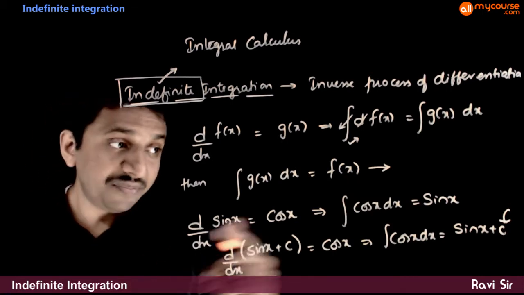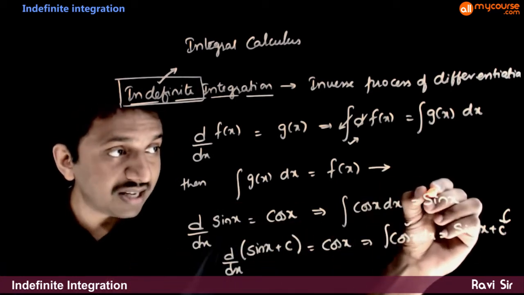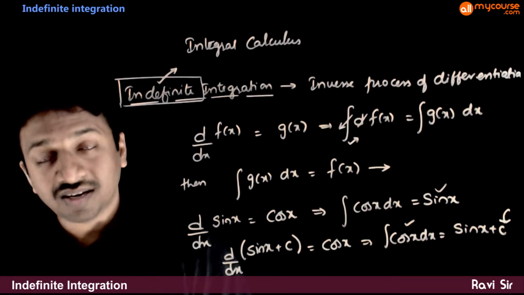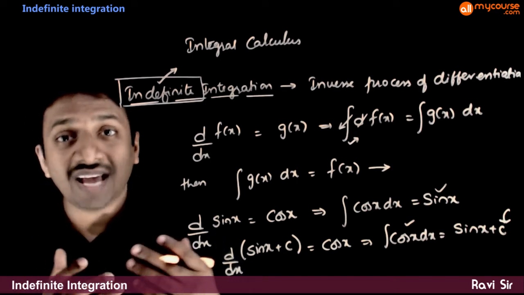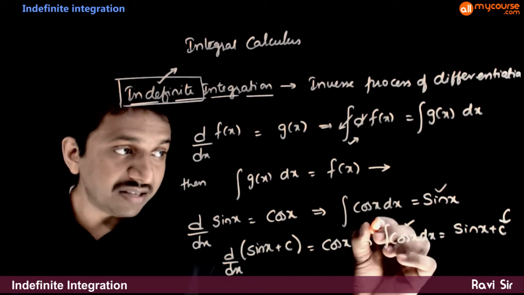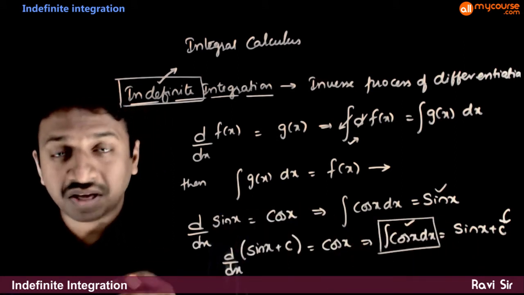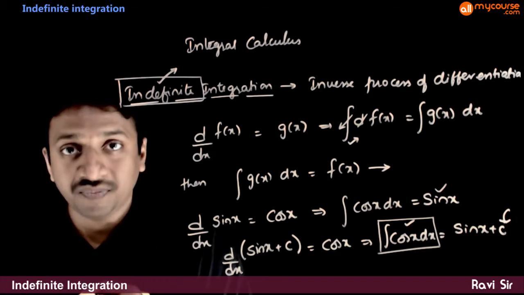As you can see, integration of cos x dx is not just equal to sin x. It can be equal to sin x plus any constant c. So the answer for the indefinite integration of cos x dx is not unique.